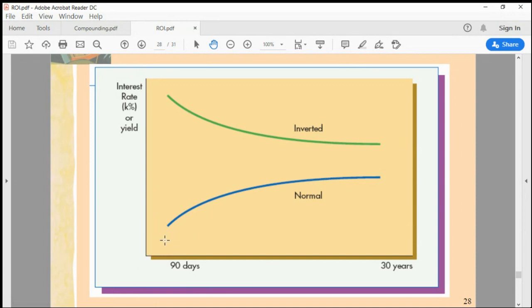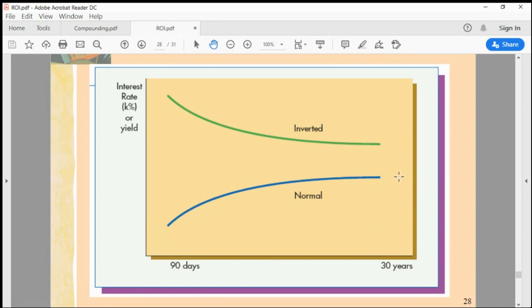So think about it. The return on the short-term bonds will have to be lower, and the return on the long-term bond will have to be significantly higher, right? So if you plot and connect those points, it will form a curve like this.